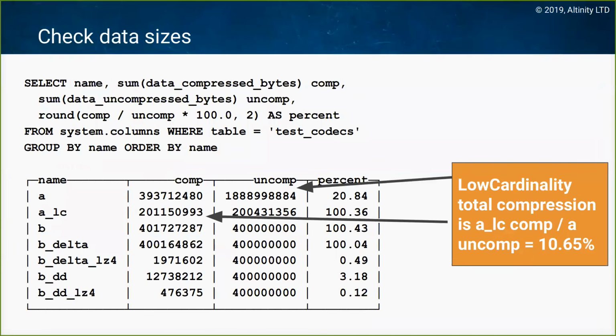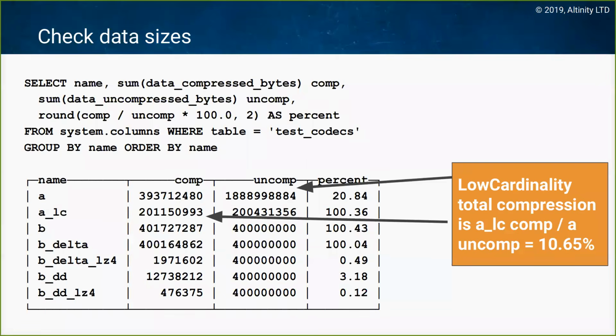We're now going to run another very handy query, which is from the system.columns table, and we can now compare how much data we have: what's the uncompressed size, that's the third column, what's the compressed size, and then the percentage of data that's left over after compression.